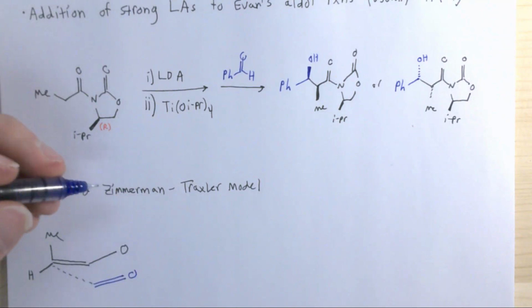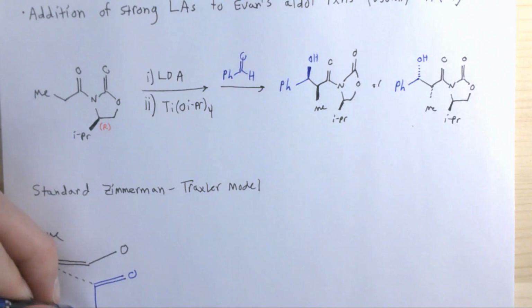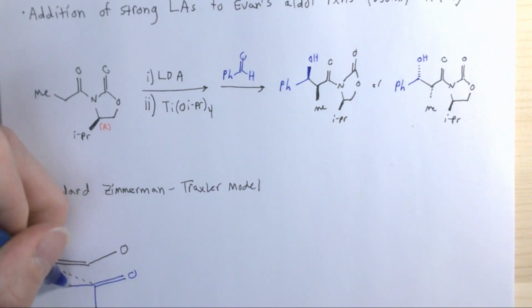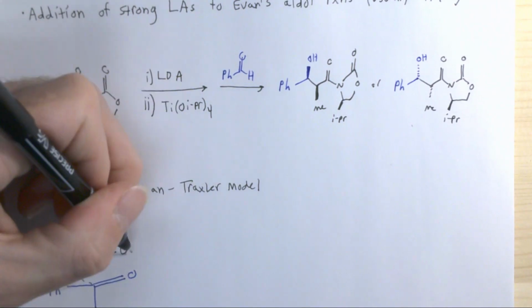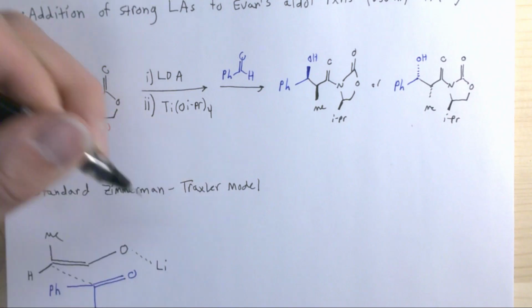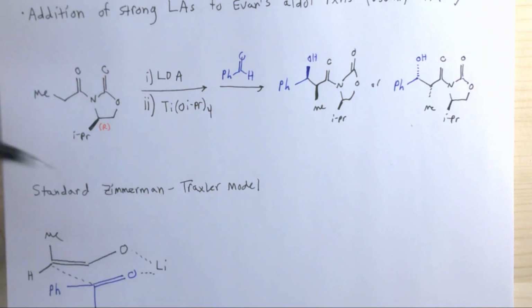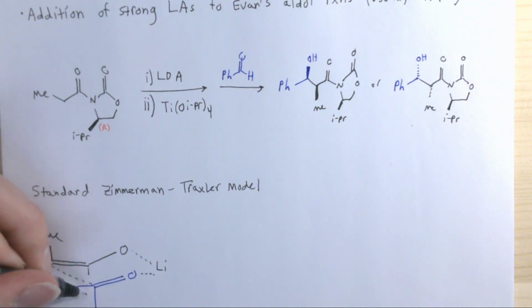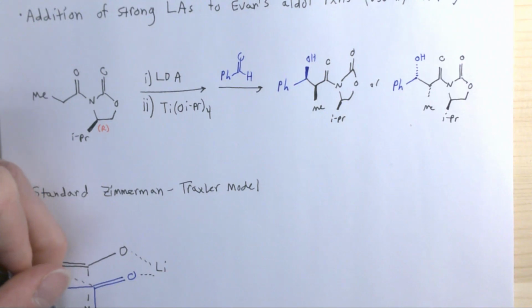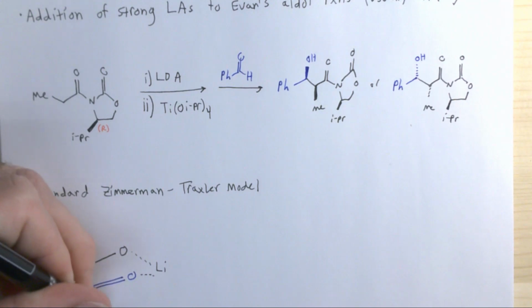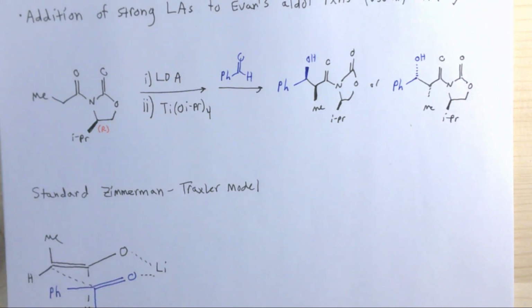And then in the pseudo-axial position, I'm going to put that small group, and in the pseudo-equatorial, I'll put the big group, the phenyl. And then these are both bound to lithium from the LDA. And then in the back, I've got my chiral auxiliary, and remember, I want the carbonyl of the chiral auxiliary to be facing away from that of the aldehyde.